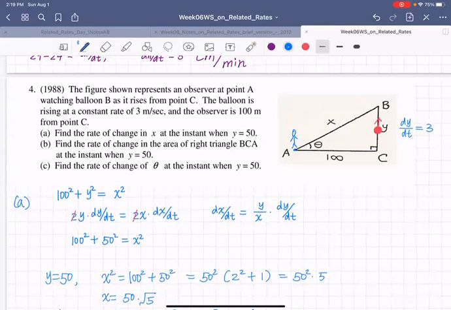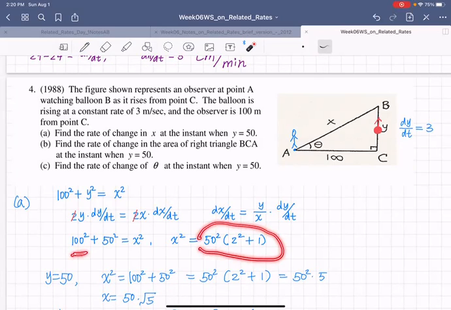Okay. Yeah. So x squared will be, I take a 50 squared out. 100 over 50 is 2. So this is 2 squared plus 1. I don't know if you are okay with this step. I take a 50 squared out.